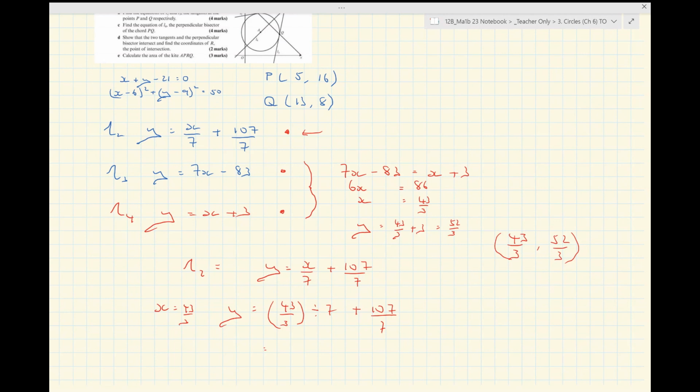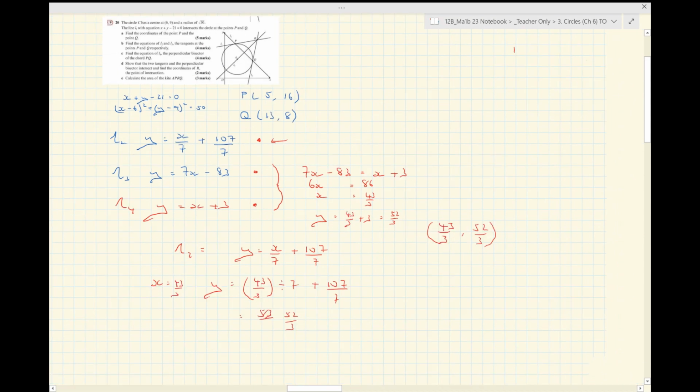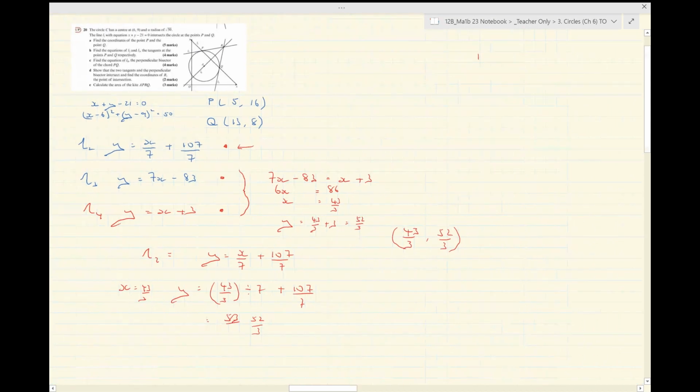And lo and behold, that equals 52 over 3, as we hoped it would. So I've shown that the three lines intersect, and I've shown that the point of intersection is 43 over 3, 52 over 3. And so I found the coordinates of R.